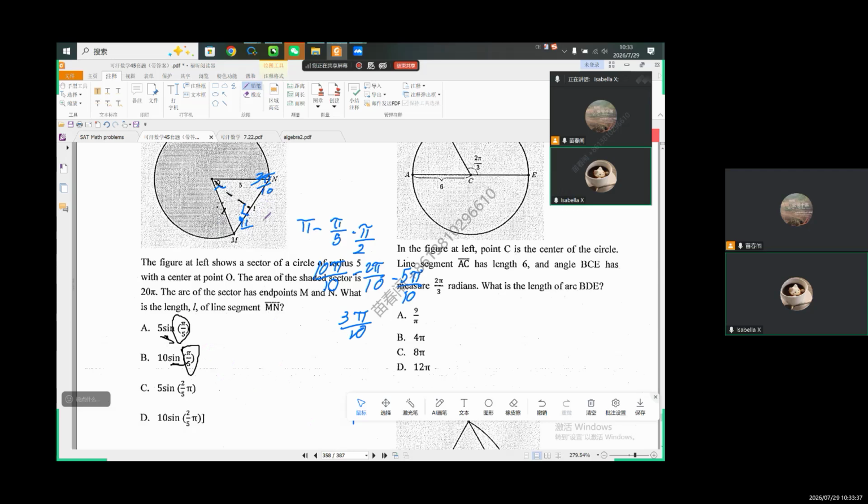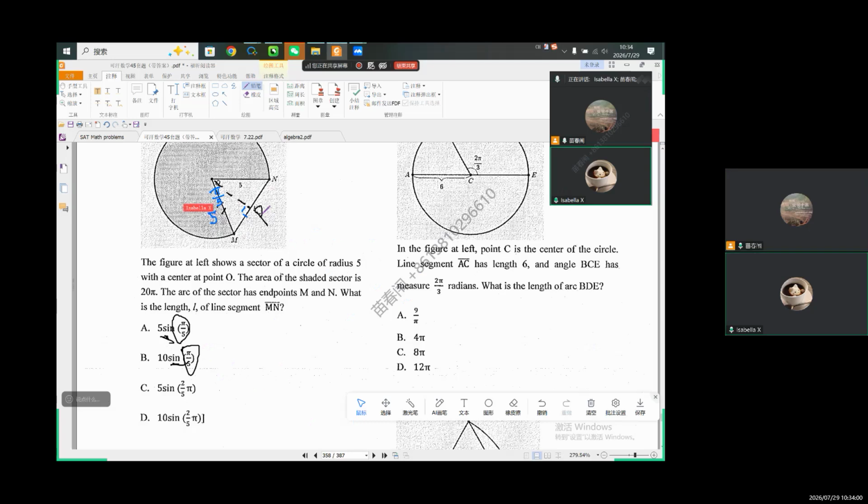Hang on, sorry, let me just erase this. Okay, pi over 5, opposite over hypotenuse. Oh wait, this is a radius, the radius is 5, right? Yes, the radius is 5.